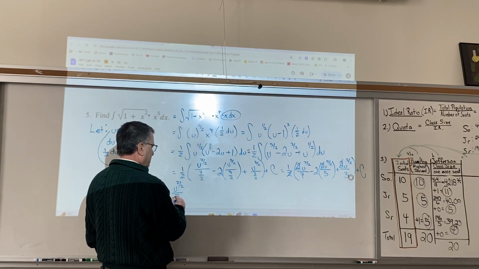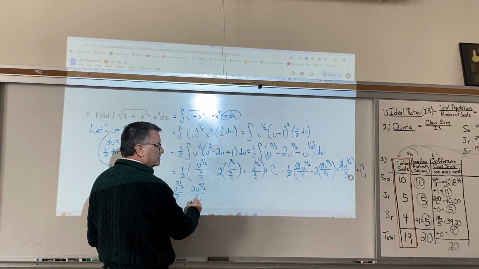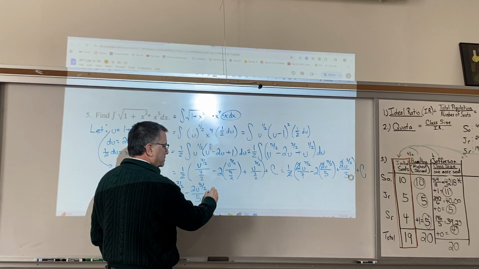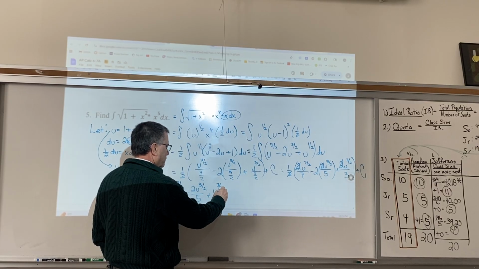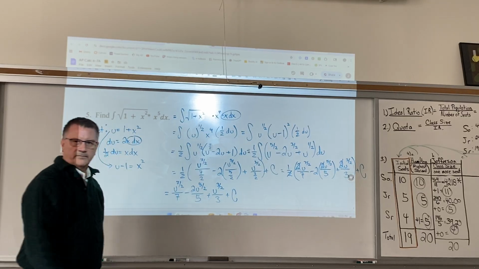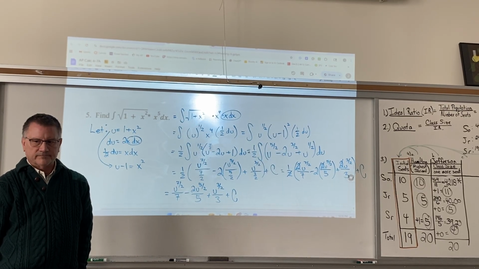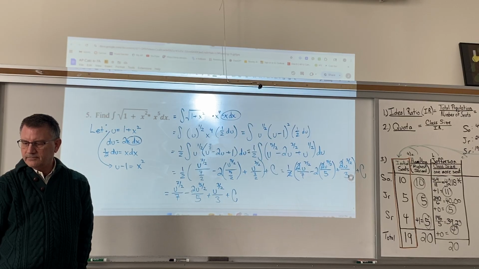That's gonna be minus 2u to the 5 halves over 5, and plus u to the 3 halves over 3 plus c. And then all we have to do is substitute back in. Right?